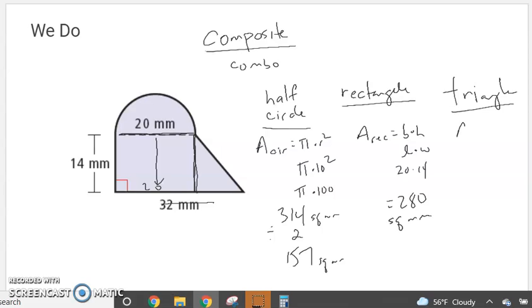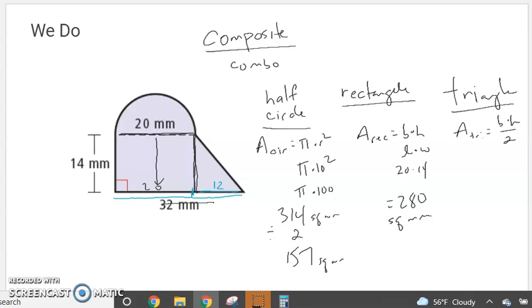Now we're on to the triangle. The area of a triangle is base times height divided by 2. So again, careful, 32 is not its base, and actually its base is not given to me at all. I'm going to have to do a little bit of calculating. This base here, if this whole side is 32 and that's 20, then this must be the other 12.